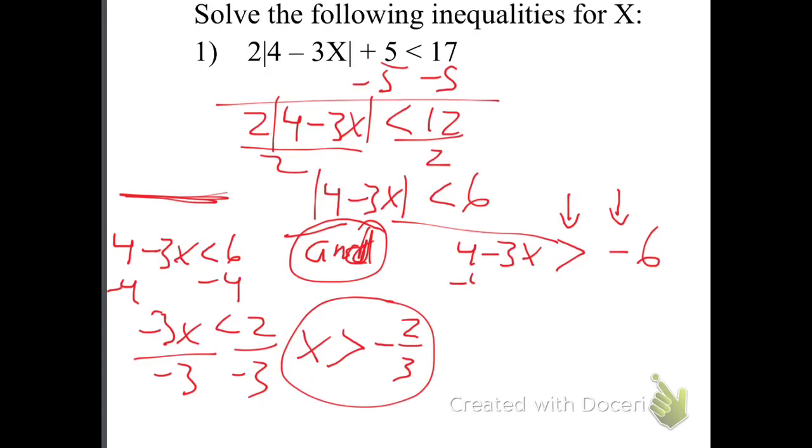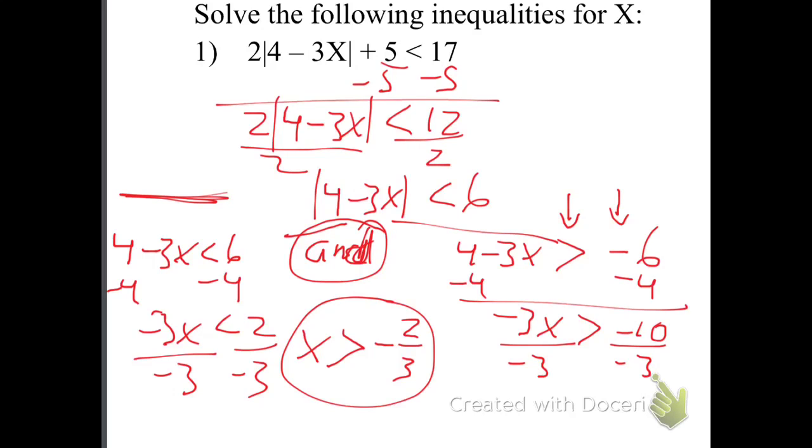Right side, you're going to take the exact same steps, honestly, to solve. Greater than negative 10, you divide by that negative 3, and since you do, you have to switch the direction of your inequality, but negative divided by negative is positive, and you get positive 10/3.